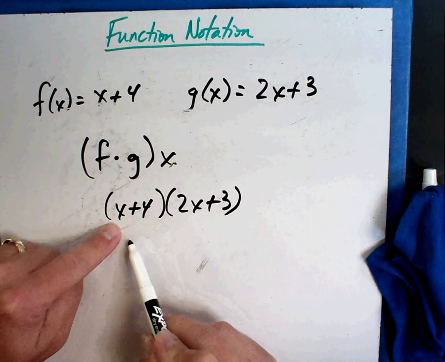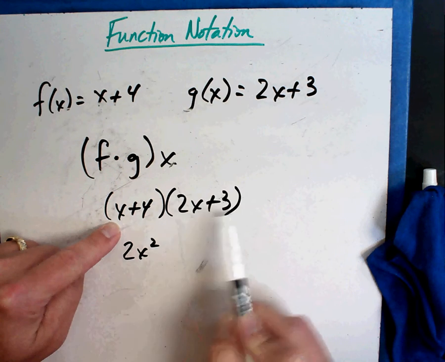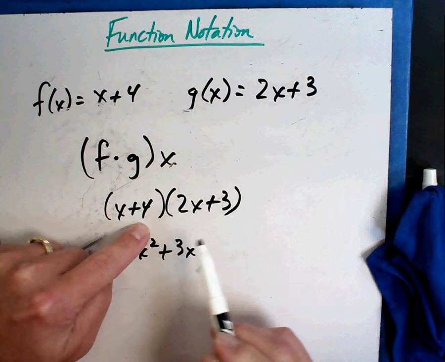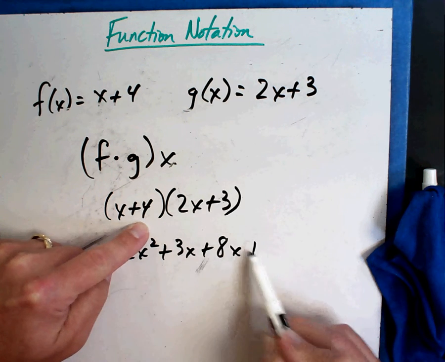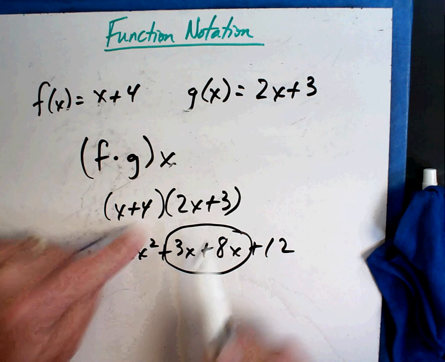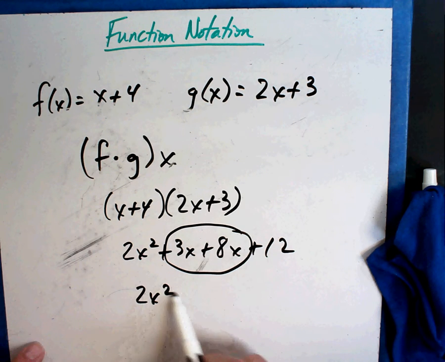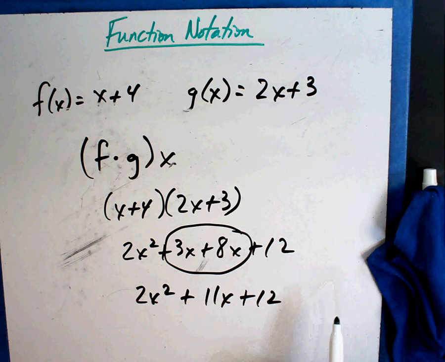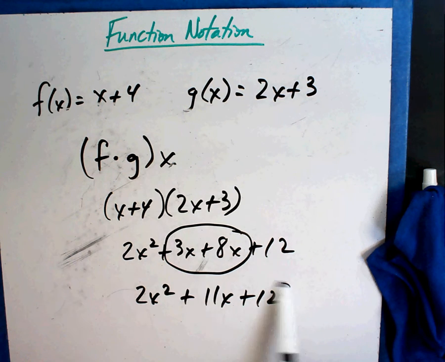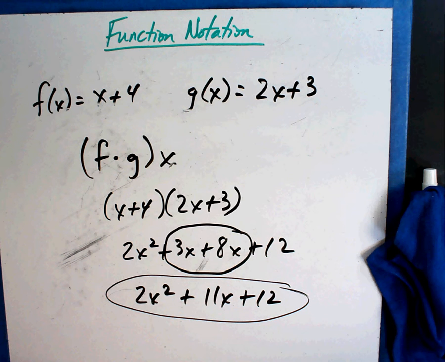X times 2x is 2x squared. X times 3 is 3x. 4 times 2x is 8x. And 4 times 3 is 12. Those two look alike. 2x squared plus 11x plus 12. There's nothing to solve for because everything's still in the function of x. And I've got the answer.